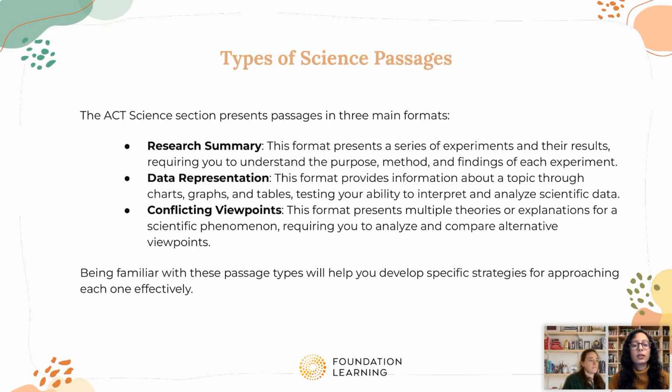It's basically understanding the context of the question. So there are 3 formats. One is research summary. In this kind of question, you'll be given a series of experiments and the results of the experiments. This will require you to understand what the purpose of the experiment was, how it was done, and pick out what the findings of the experiment were.